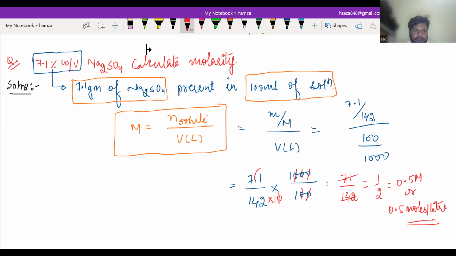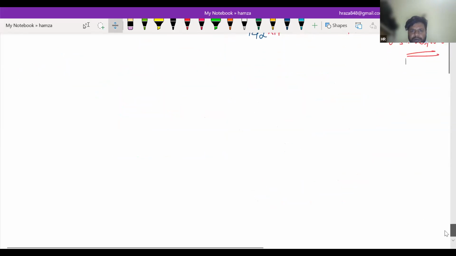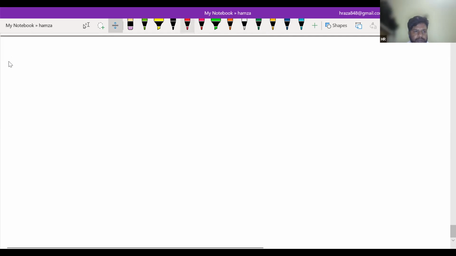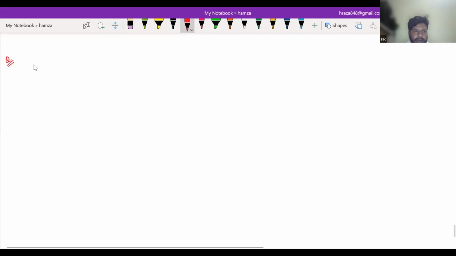So I'm going to give you another question on the same concept, a similar question. The question is basically 49 gram of H2SO4. No, not 49 gram. 49% weight by volume H2SO4. Calculate molarity.